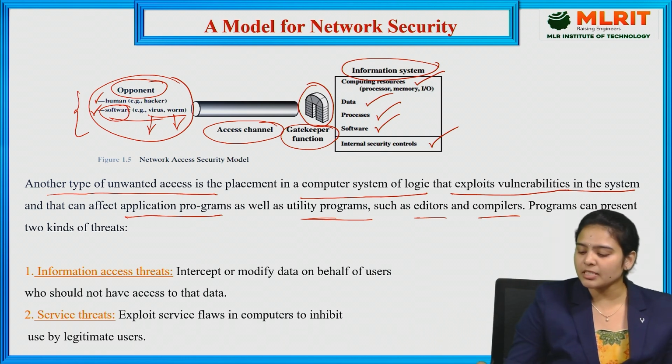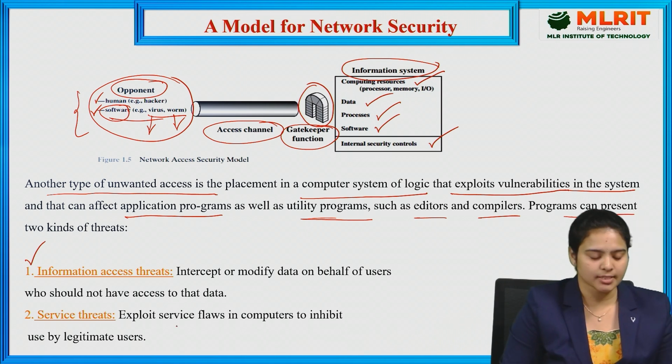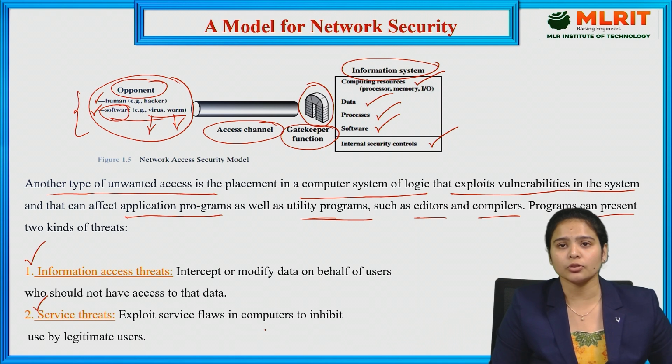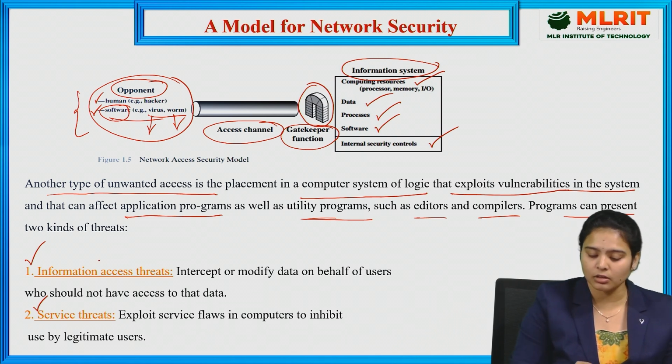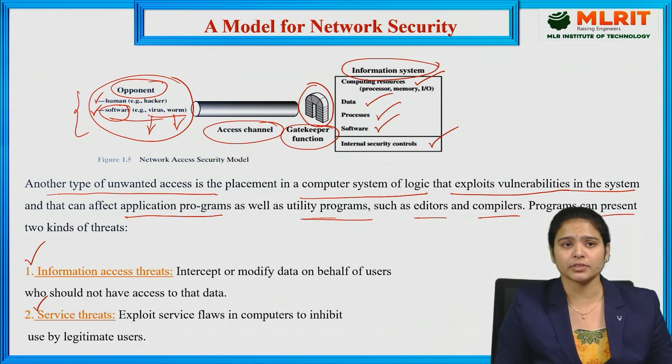By using these programs, we can present 2 more types of threats: information access threats and service threats. Information access threats modify the data. Service threats exploit service flaws in order to inhibit use by legitimate users, meaning particular users only.